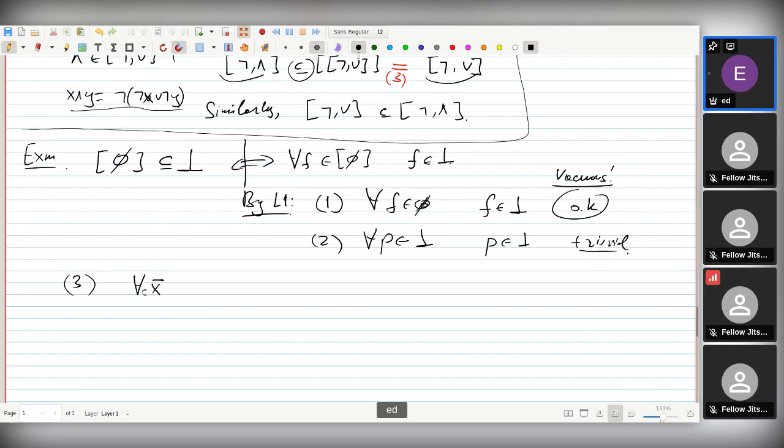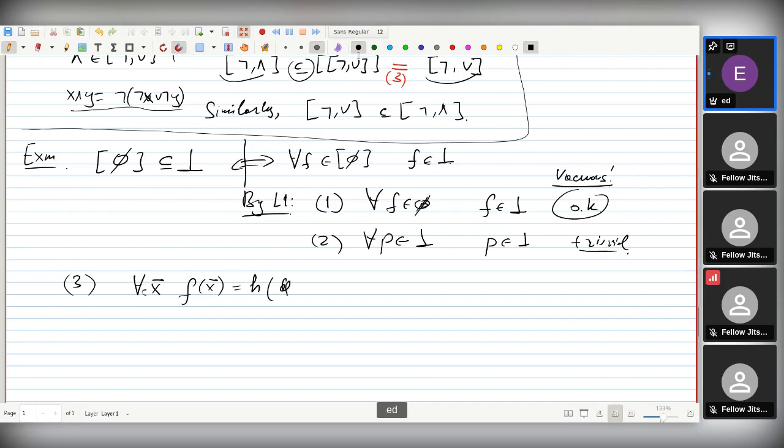And the last one. If a function is a superposition of projectors, then it is a projector.